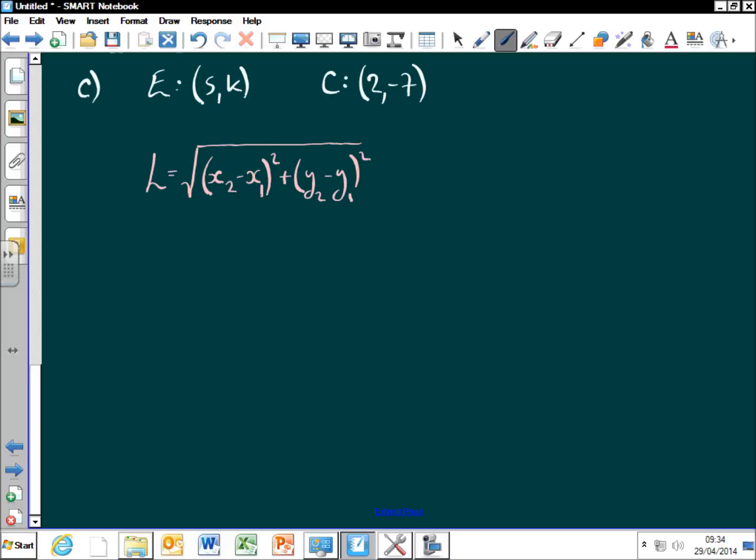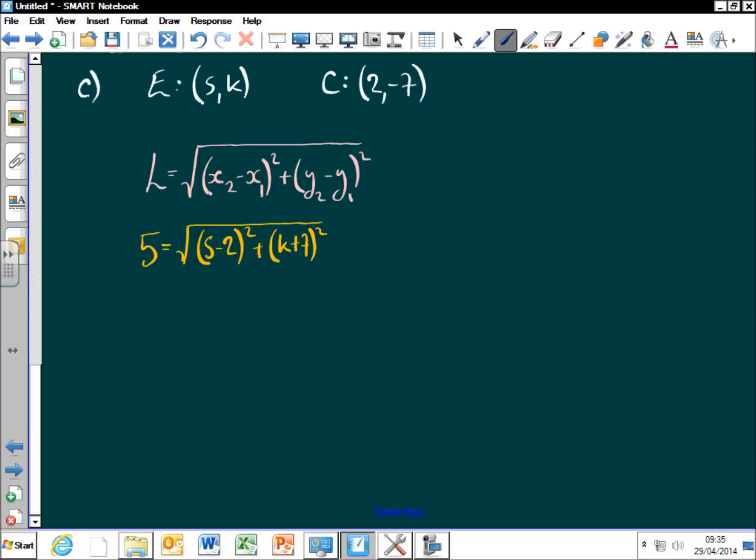So that's the distance between any 2 points. Now we want the distance to be 5, so let's make the distance 5, and let's now sub in the x values. So I'm going to say it's going to be 5 take 2 squared, and then the y values is going to be k, take away minus 7, so it's plus 7 there.